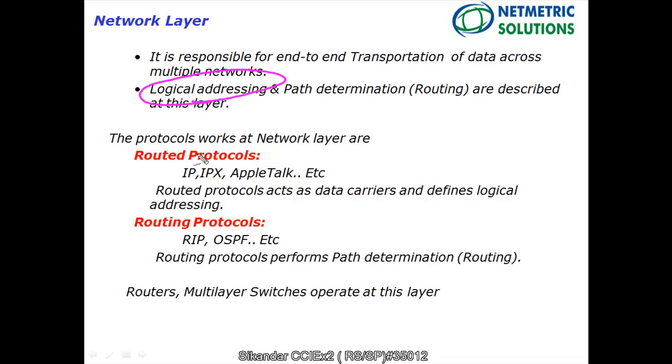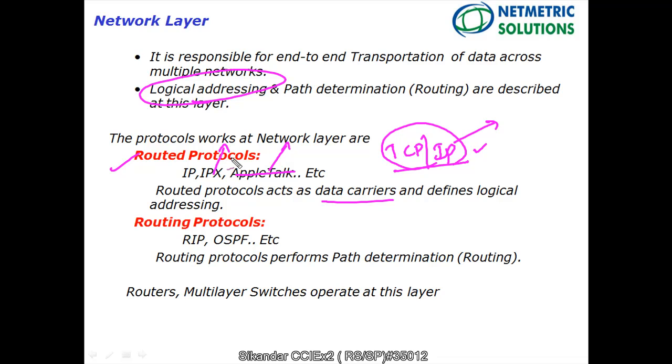There is another protocol type we call routed protocols. Routed protocols are actually data carriers. They carry the data. In today's networks, we are using TCP/IP protocols, which are considered our routed protocols. These are the actual core protocols which we use in today's networks. AppleTalk is a protocol for Apple machines.